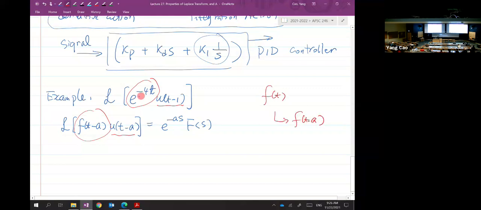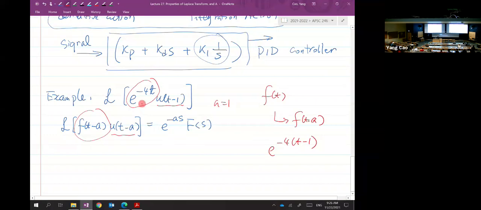So you look at this function, what you have here, e to the power negative 4t. That is not in the format. If a is 1 here, then whatever is before this u function technically should be negative 4 times t minus 1, right? Before you can actually apply this property.